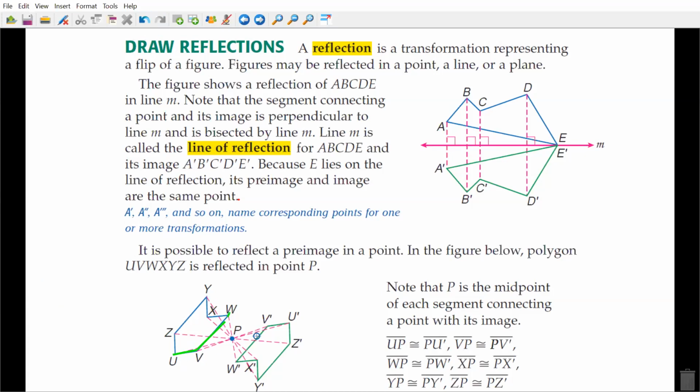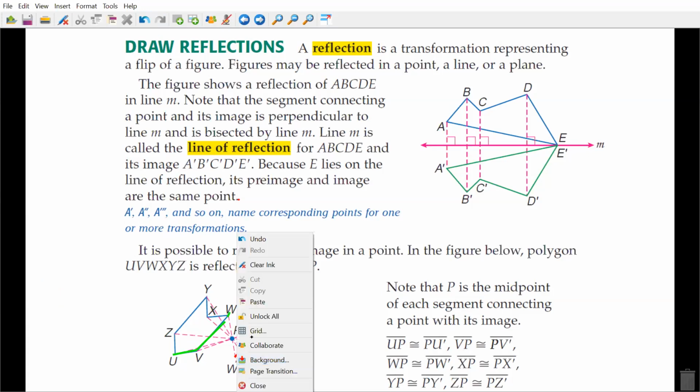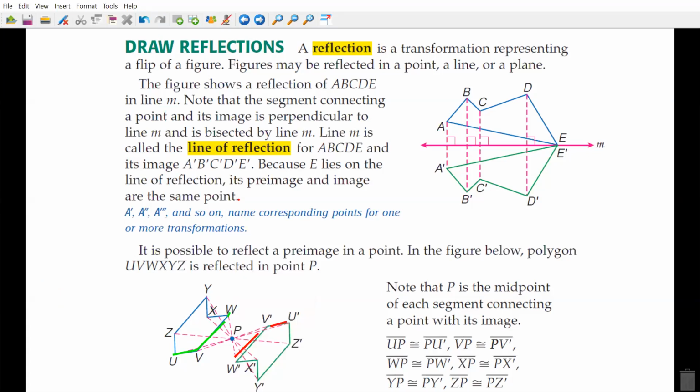UVW is going to be the same as U prime, V prime, W prime. Teacher, what means prime? Prime is the ones that reflect. Exactly. This is the pre-image. The green one is going to be the image.